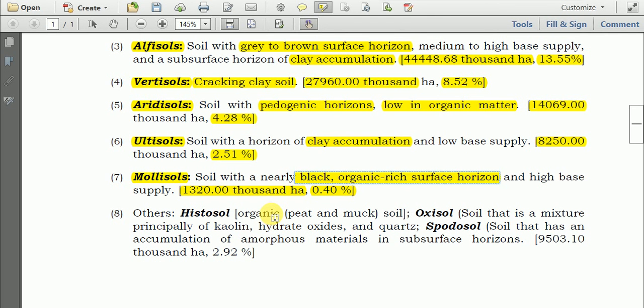In addition to this, we have other soils like Histosols. Histosol means organic, mixed with peat and muck. Then we have Oxisols, soil that is a mixture of principally kaolin, hydrated oxide, and quartz.